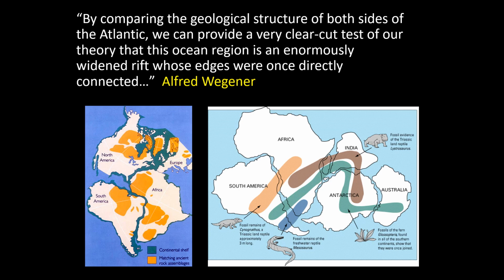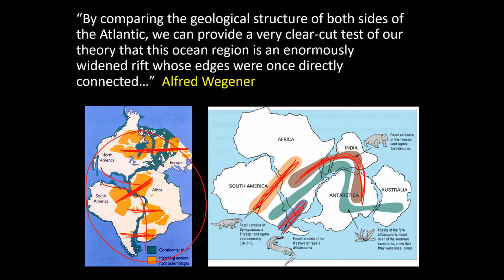For one thing, he noticed that the continental coastlines seem to fit together really nicely like pieces of a puzzle, but it's not just the coastlines, it's distinctive rock bodies that match up across widely separated continents. And it's also distinctive occurrences of fossils that can be mapped across widely separated continents. In many cases, these continents are separated by thousands of kilometers of open ocean.